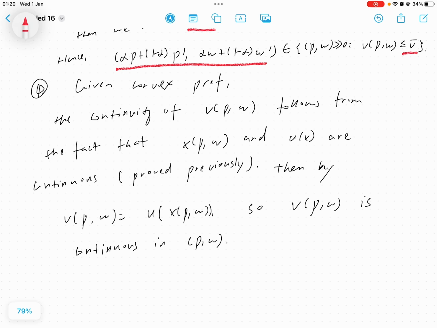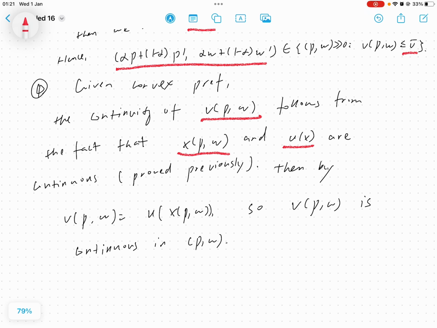Given the convexity of the preference relation, the continuity of this indirect utility simply follows from the facts that, first, this x of p and w is continuous, and also this u of x is continuous. Those are proved previously, given the properties of the preference relations.